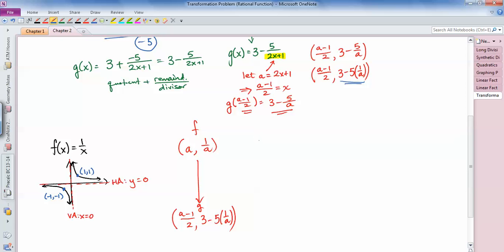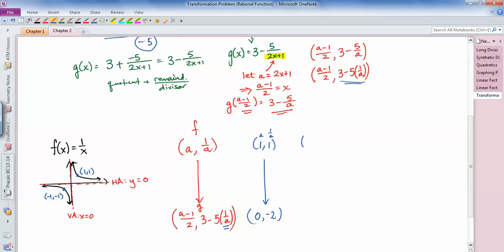So let's take a look at our points. First we've got 1, 1. And that's supposed to turn into something down here. In this, the first one is like a, so that turns into 1 minus 1 over 2, which is 0. And this one is like the 1 over a, so if I plug that in for the entire 1 over a here, I get 3 minus 5 times 1. So that's -2.